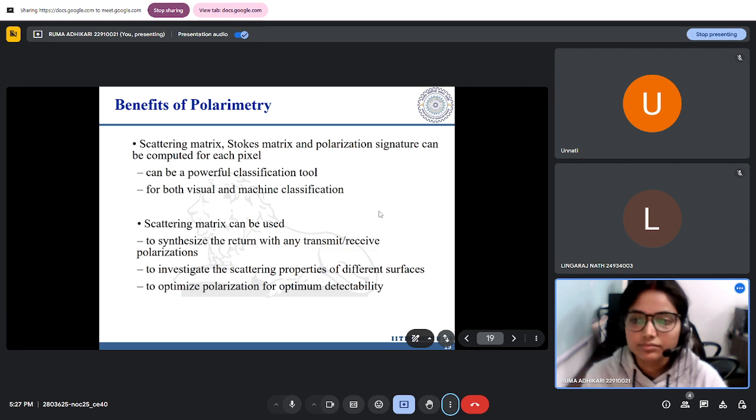Okay, so the scattering matrix can be used to synthesize the return with any transmit or receive polarization. One thing to notice: to synthesize the return. So here again we are virtually or synthetically creating the received signal with any transmit or receive polarization, to investigate the scattering properties of different surfaces and to optimize polarization for optimum detectability.